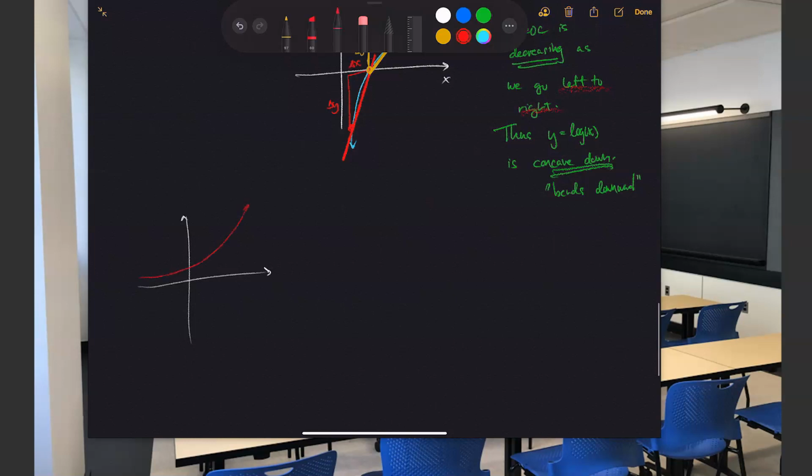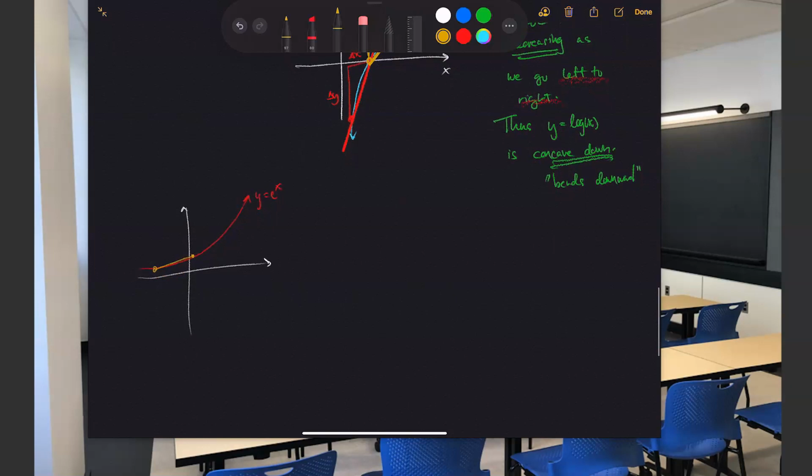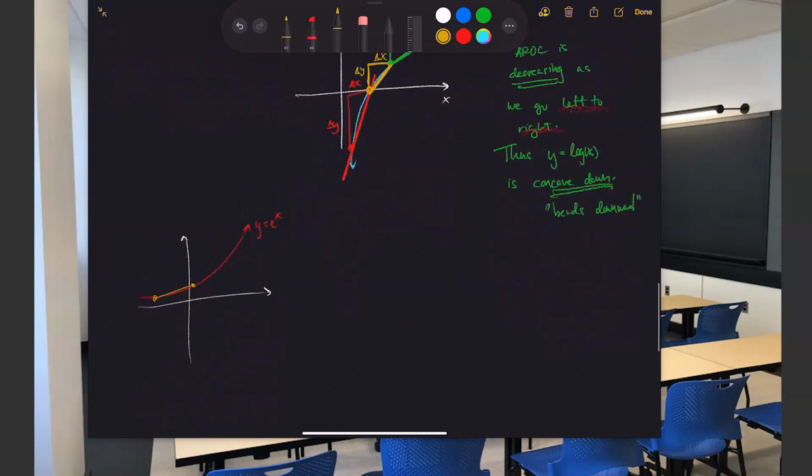If you remember the exponential function, something like this. What way is that bending as we go left to right? Yeah, it's bending upward. We see the slope from here to here versus the slope from here to here. It's getting steeper.